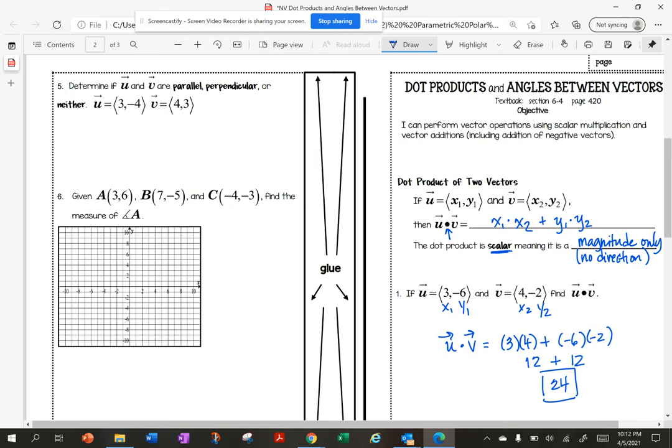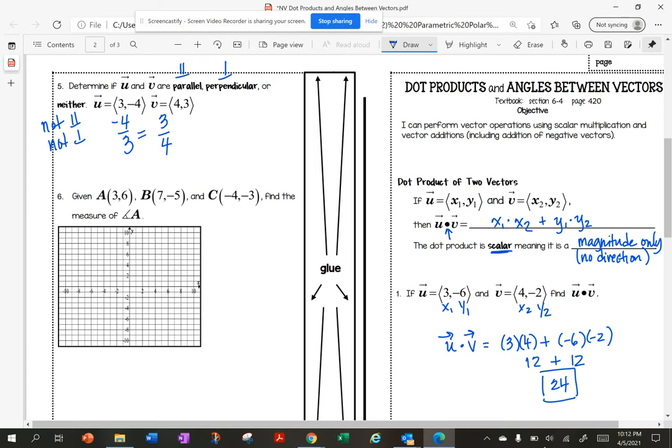So next, determine if u and v are parallel, perpendicular, or neither. Okay, so first I want to check, do I have the same slopes? So negative 4 divided by 3 and 3 divided by 4.